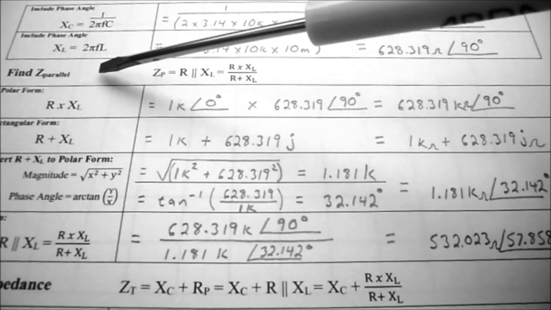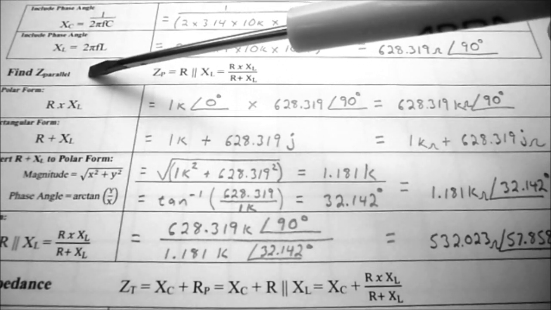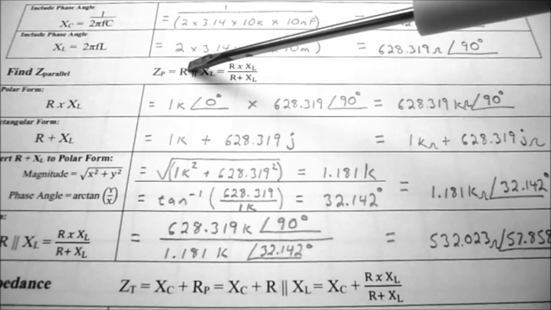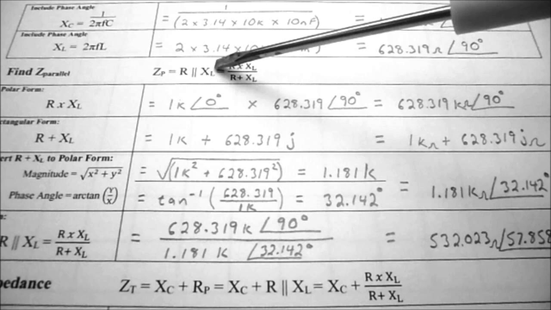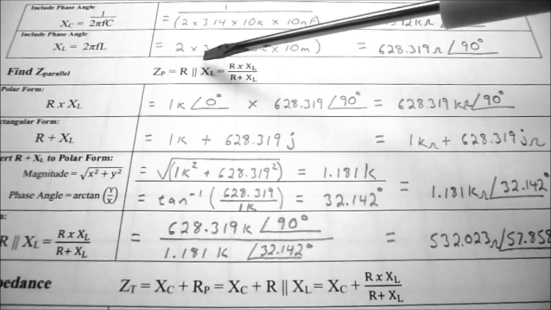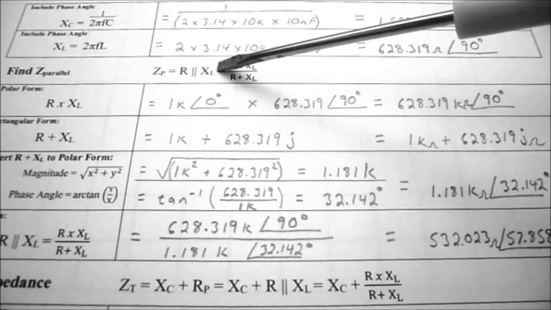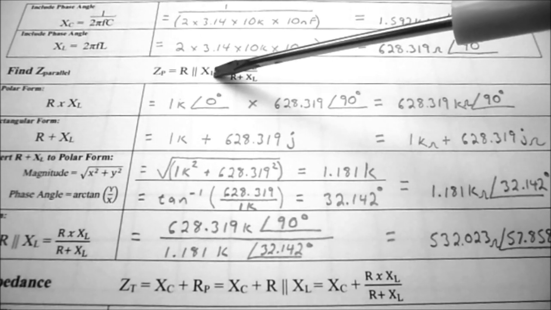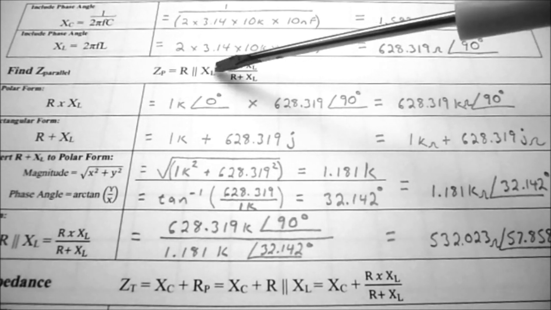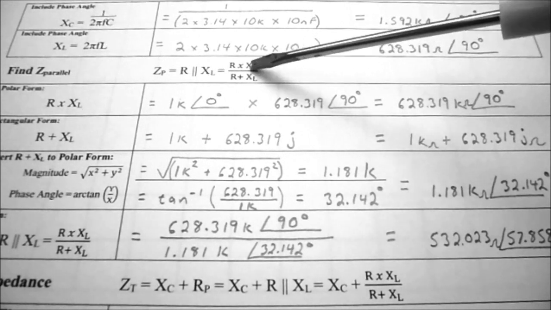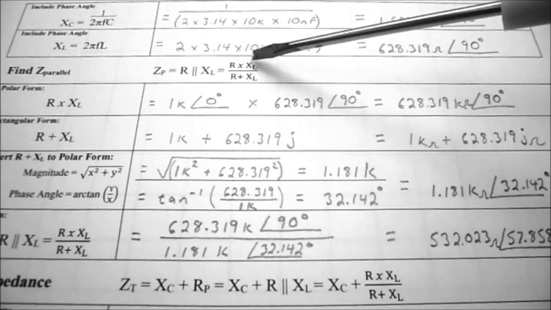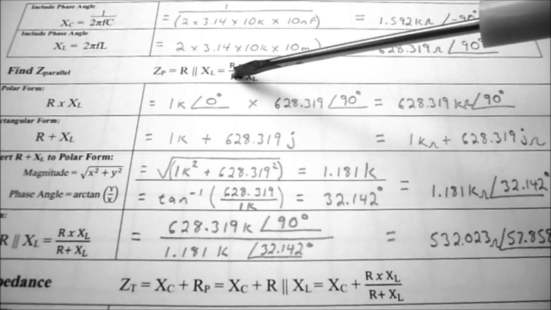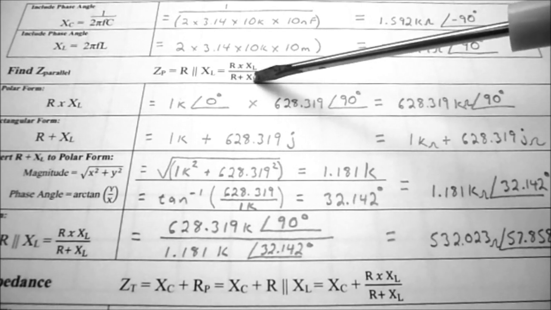The next step is to find Z parallel. That's of R in parallel with XL. That's the resistor in parallel with the inductor. We're going to ignore the internal resistance or the DC resistance of the inductor in this case. So what we're going to do is take R times XL divided by R plus XL.